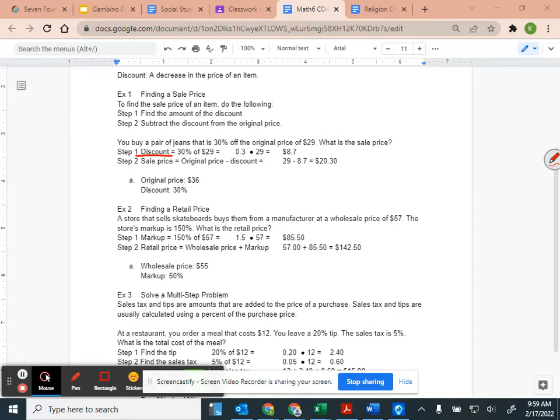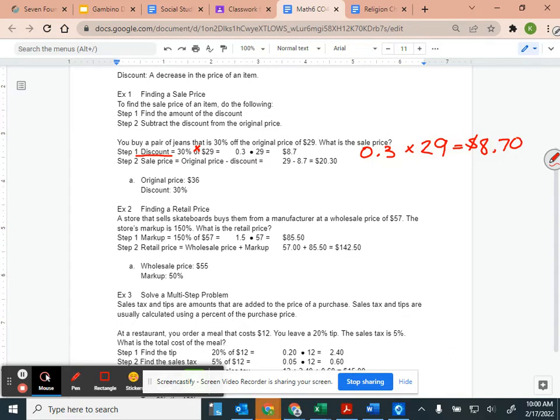Yeah, 30% is 0.3. And then we want to know 30% of $29, so to multiply. So 0.3 times our $29. So 30% of 29, when we do the math, we get $8.70.